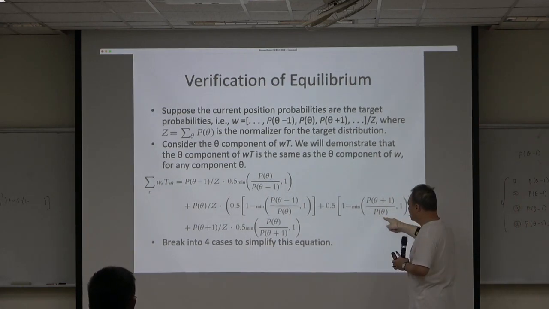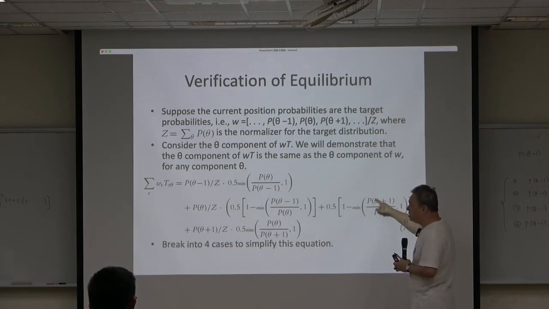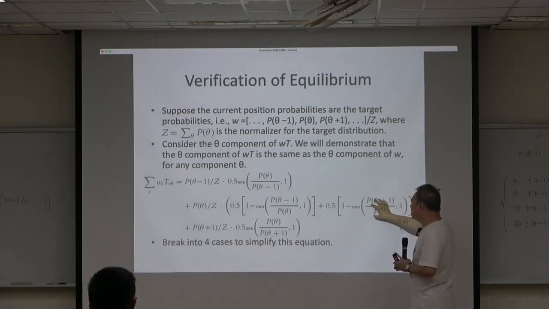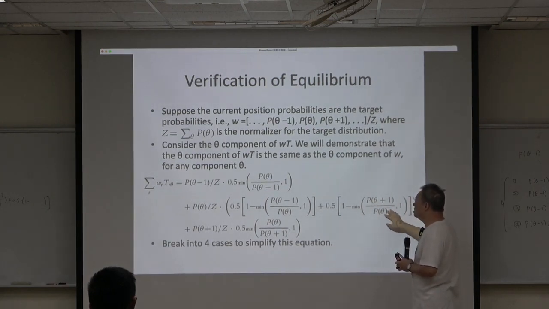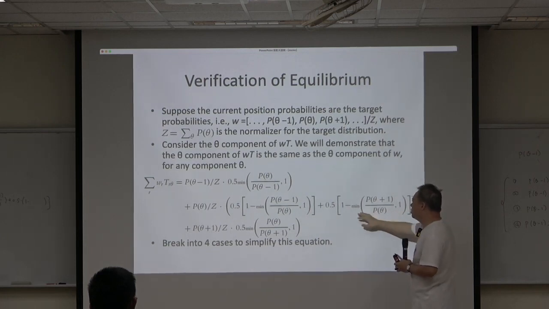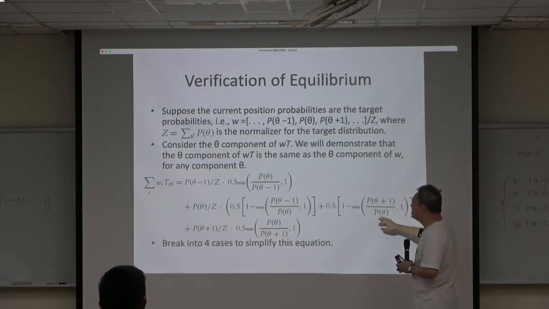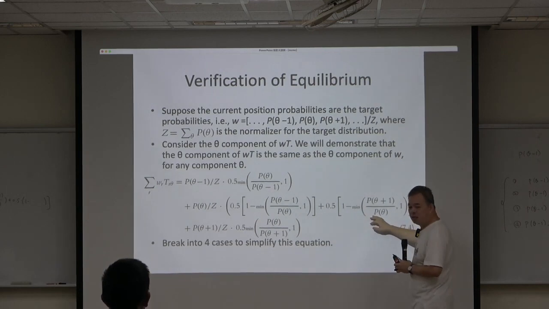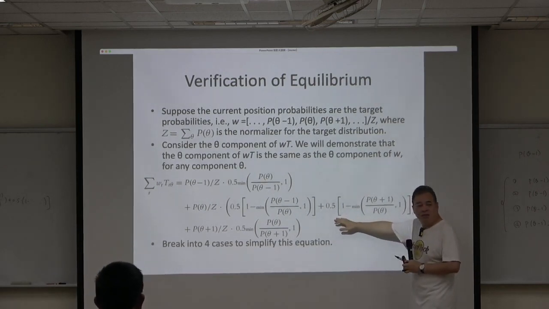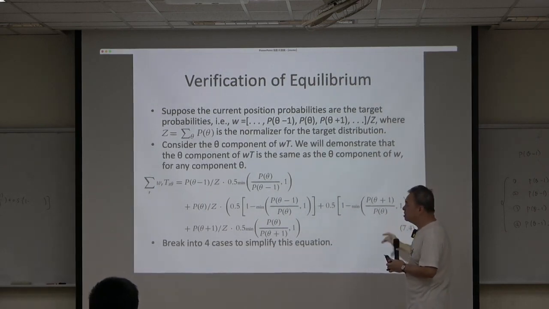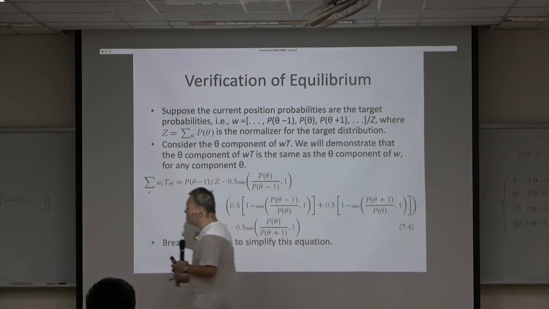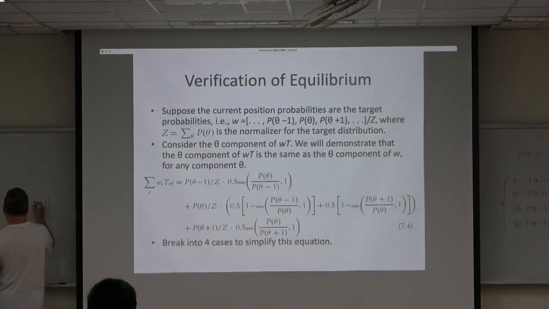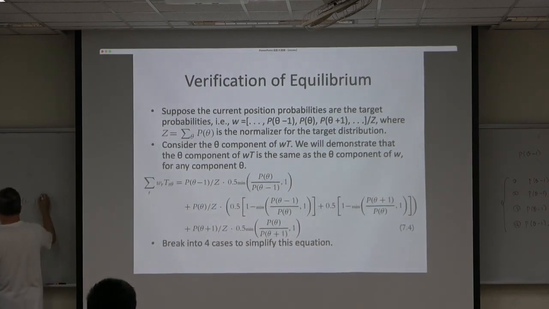So this is going to be larger than 1. So we are going to take 1 from here, right? So 1 minus 1, this term becomes 0. So this term cancels out.